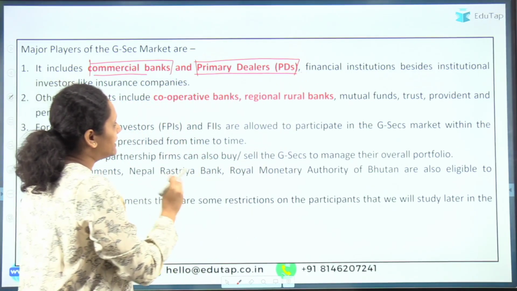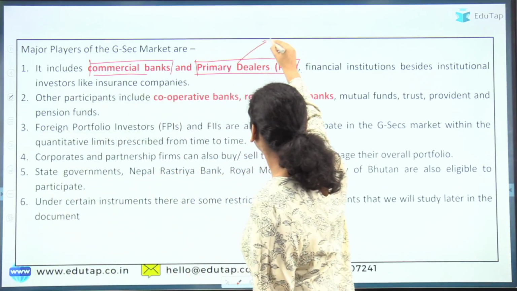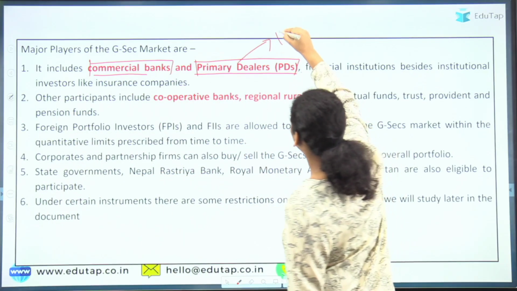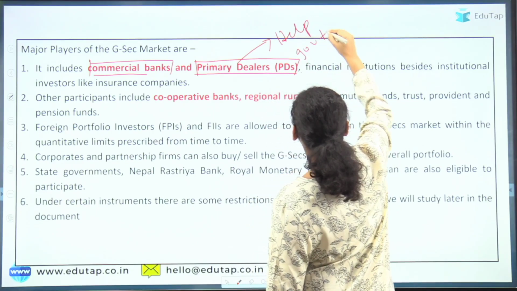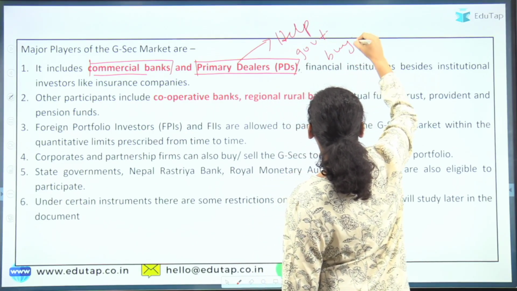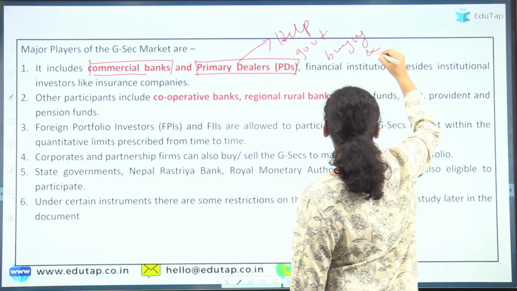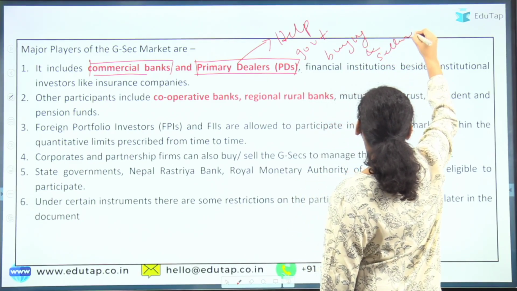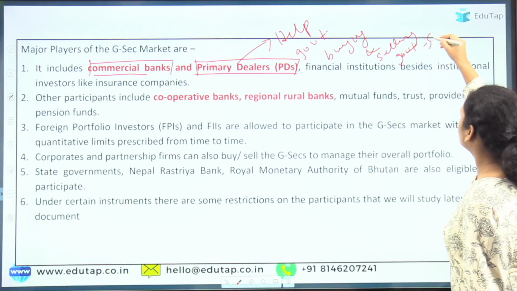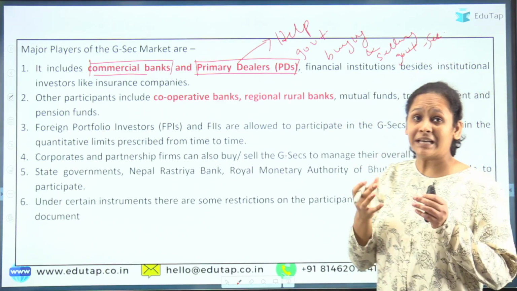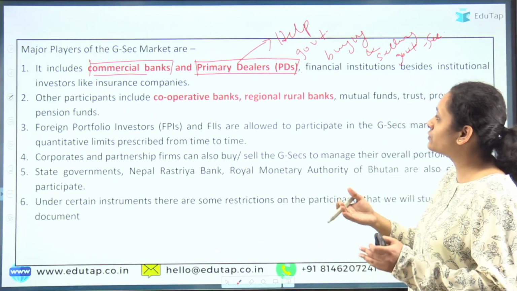See, primary dealers are the people who help the government by buying and selling government securities. So basically, what do primary dealers do?